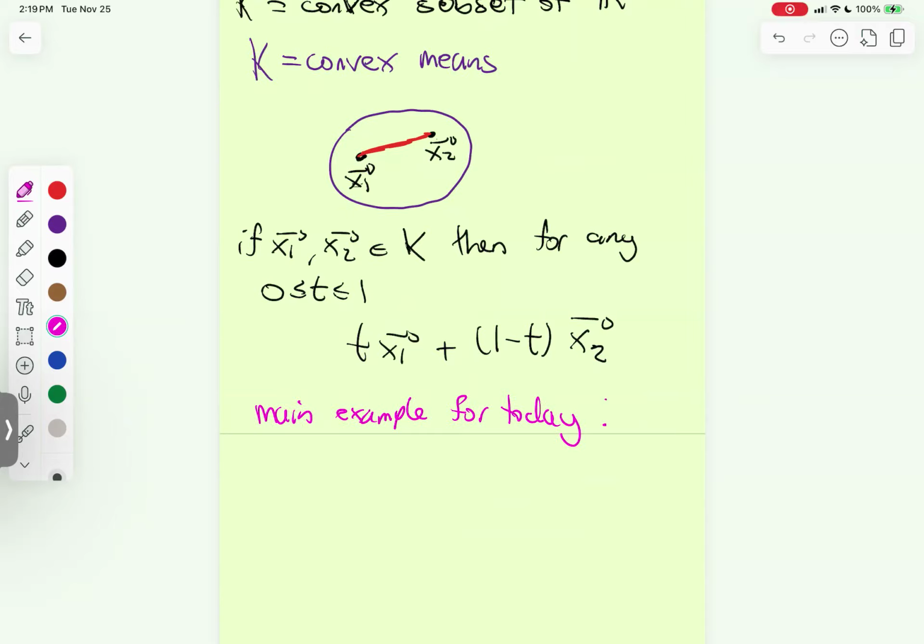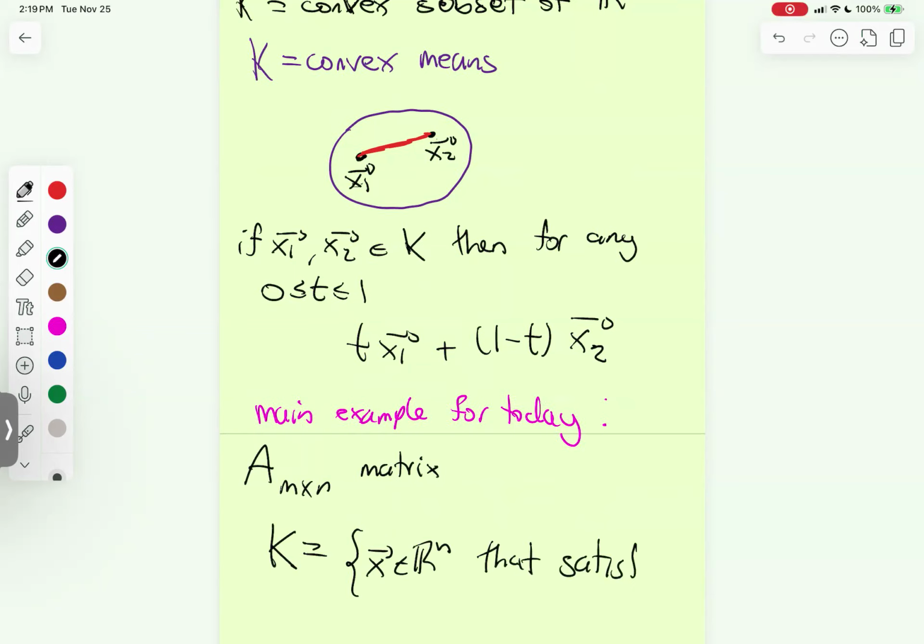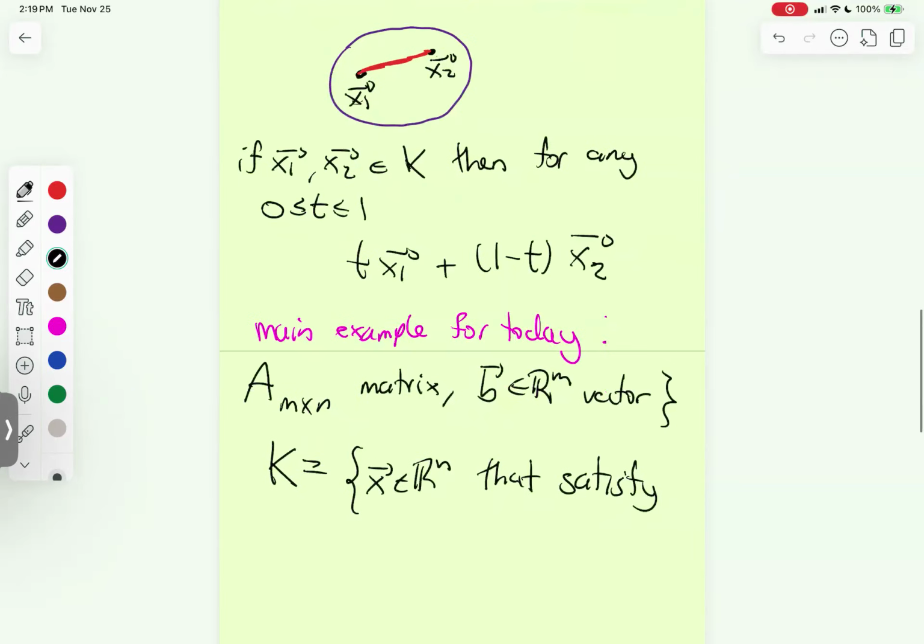So you have a matrix A, and K consists of the vectors in Rn satisfying the inequalities. You check, and you figure out that the set is convex.